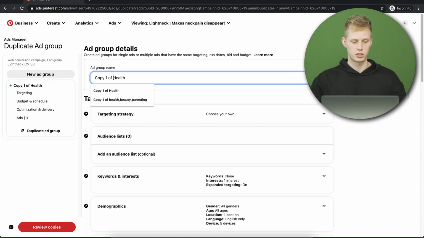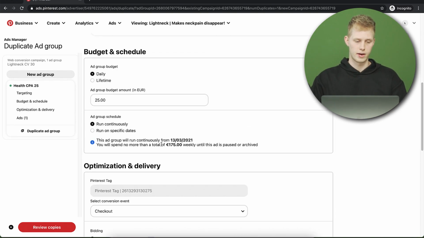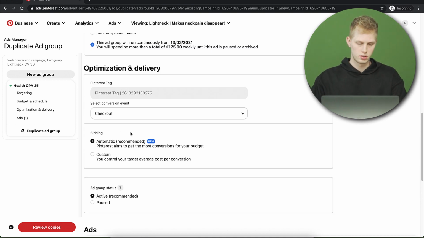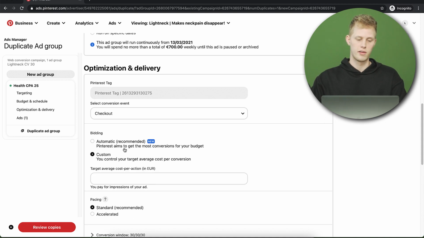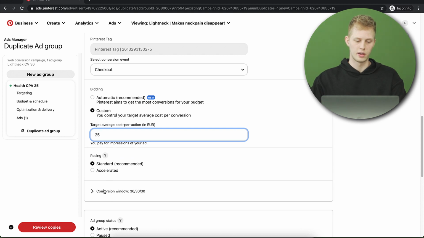So what I would do in this case is create a CPA campaign with the CPA on $25, and all you have to do is put this budget to $100, choose custom at the optimization and delivery. Here put the target CPA of $25, and we can leave the conversion window on 30, 30, 30. And this is all we have to do.